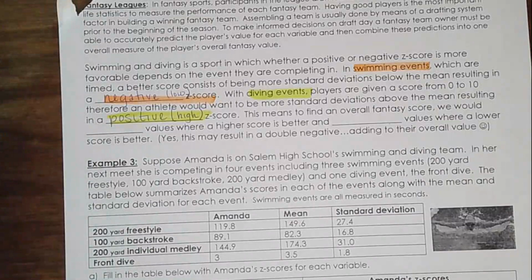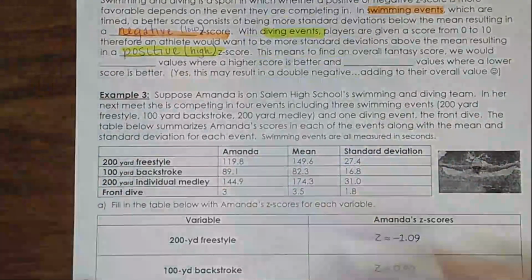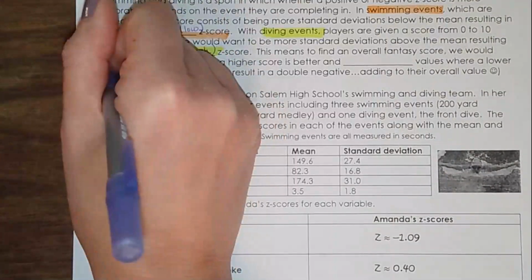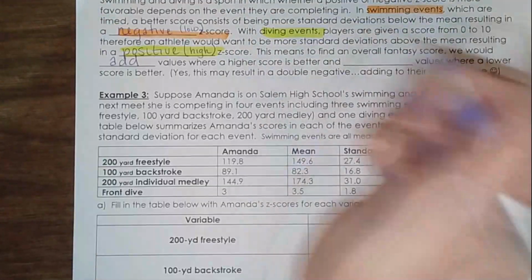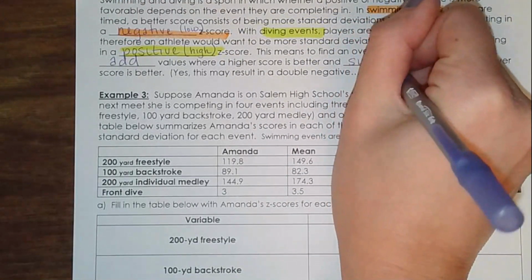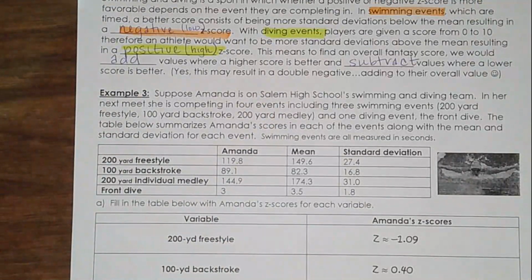So then this means to find the overall fantasy score, we would add values where a higher z-score is better and subtract values when a lower z-score is better. This way, if you subtract a negative z-score, it results in a positive, and so you're getting a better overall score.